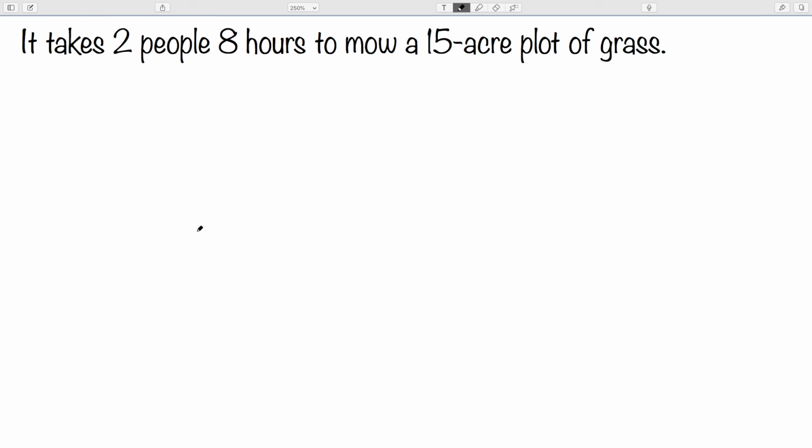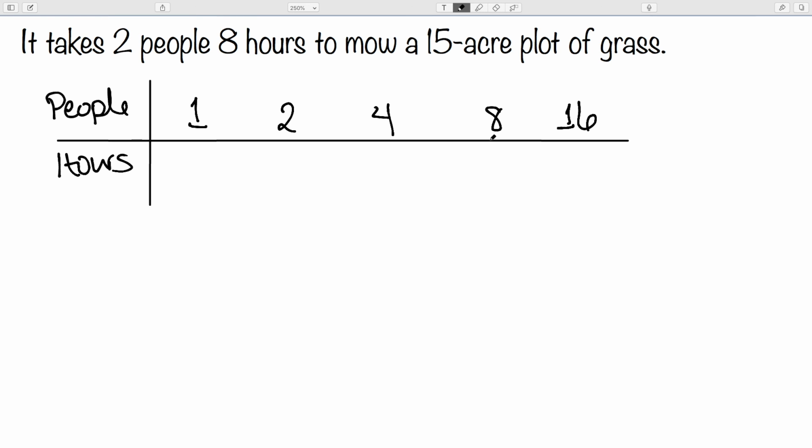Next, let's think about varying the number of people and seeing how long it would take them to mow the 15 acres. Well, I'm going to start by making a chart. We know that if we have 2 people, it takes 8 hours, which means 1 person should take twice as long since they do twice the amount of work. Doubling the number of people should reduce the amount of time in half.